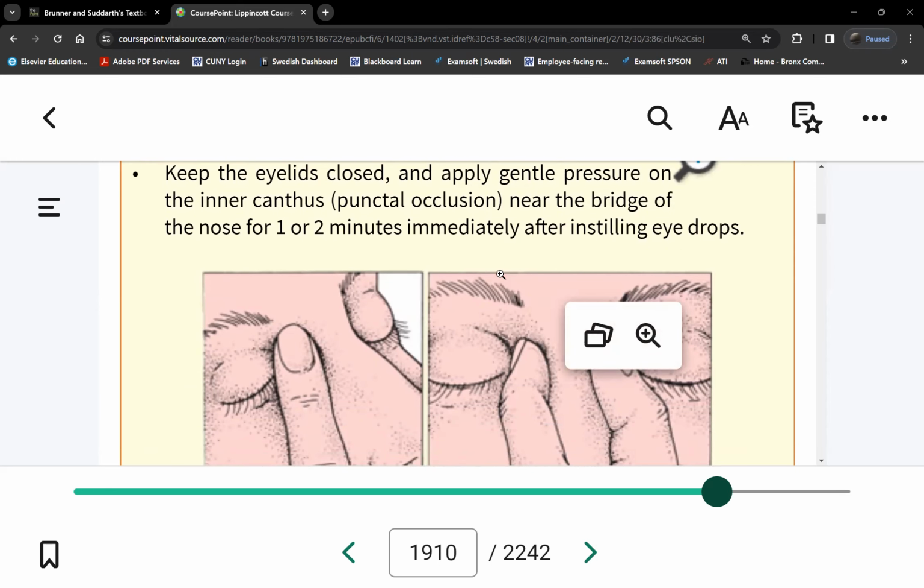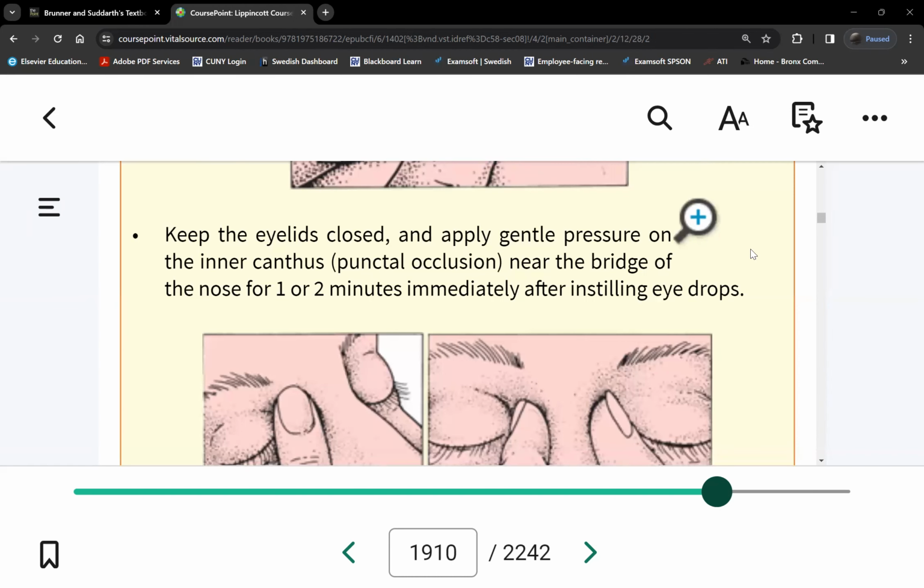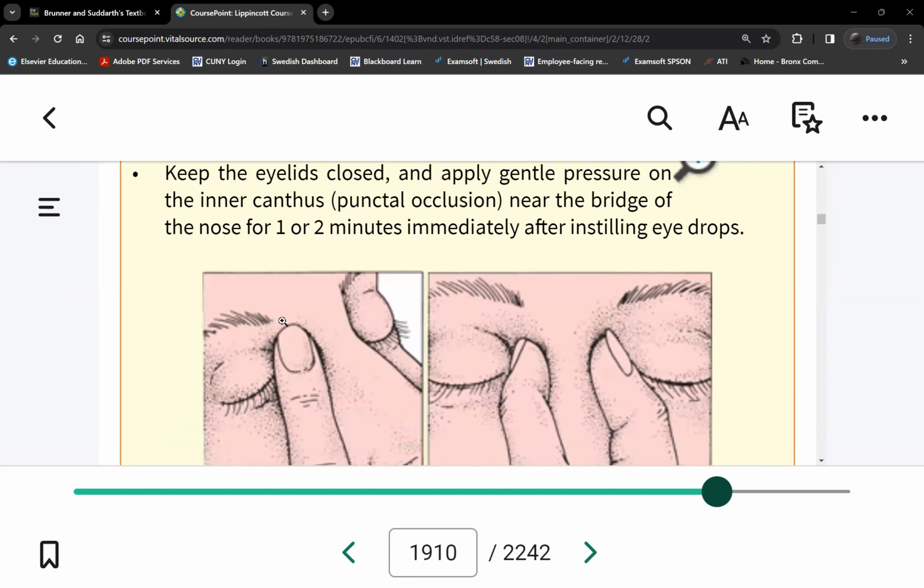And whether you're giving an eye drop or an ointment, always apply gentle pressure where? In the inner canthus. Okay. It's also called the punctum. Terms used interchangeably on exams are either punctal occlusion or putting pressure on the inner canthus.